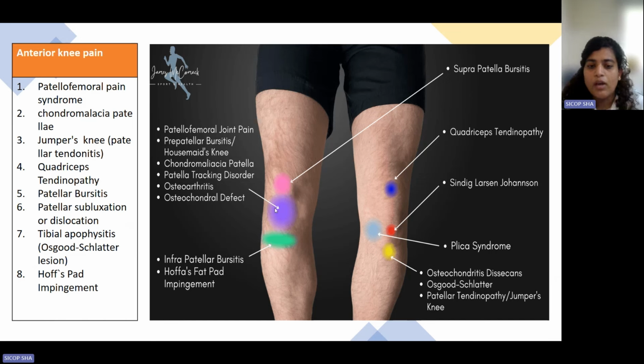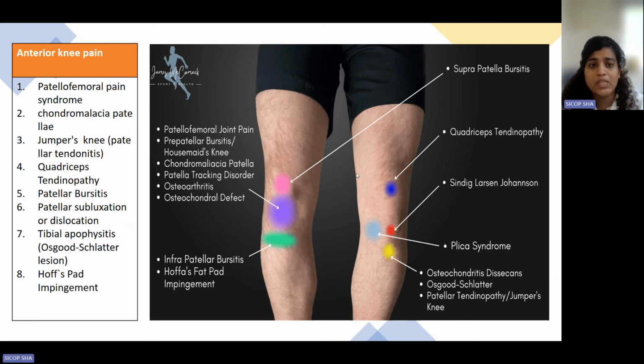But if the patient complains of pain on the upper region of the patella, the superior part, then suprapatellar bursitis can be there. In the inferior part, infrapatellar bursitis and Hoffa's pad impingement are more prominent. If the patient complains of pain near the insertion site of the quadriceps, it may be quadriceps tendinopathy, or in the middle, it can be plica syndrome.